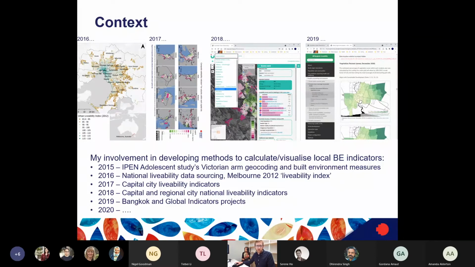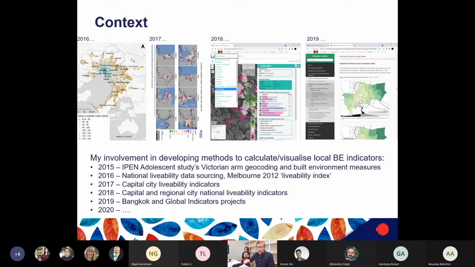This was designed to be a generalizable framework, which we then applied for calculating capital city livability indicators, which fed into the analyses presented in the Creating Liveable Cities report. And then we expanded to a number of regional cities around Australia as well with our National Livability Program. And these indicators are in the Urban Observatory.